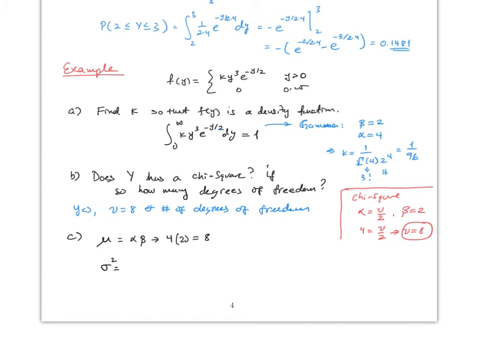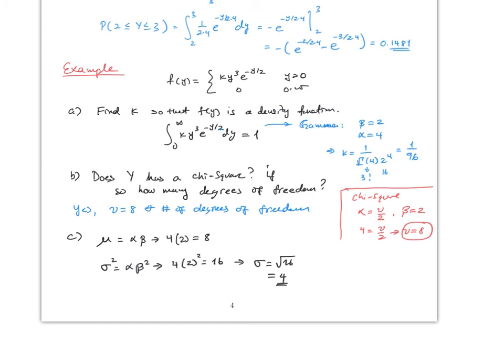And the variance is equal to alpha beta squared, which in our case will be 4 times 2 squared. So this is 16, but that's the variance. That means the standard deviation is the square root of the variance, which is just 4. All right, so that's it for section 4.6.